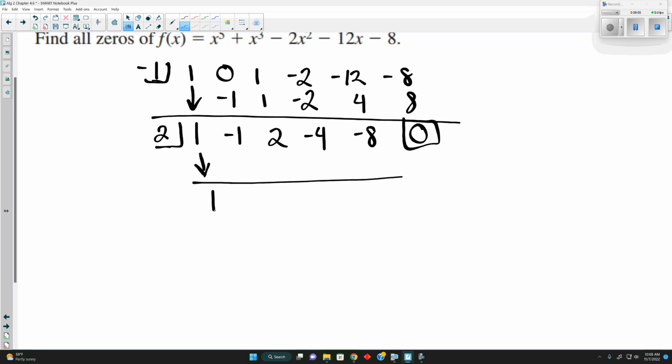So we can do this here. 1 times 2 is 2. -1 plus 2 is 1. 2 times 1 is 2. 2 times 2 is 4. -4 plus 8 is 4, and 2 times 4 is 8, which gives us a 0.